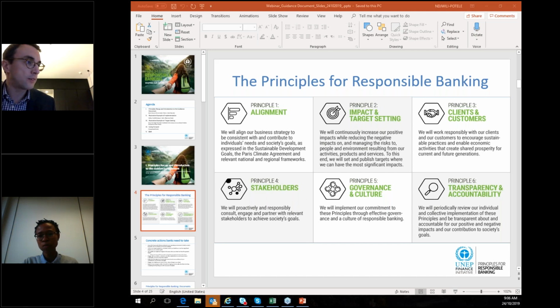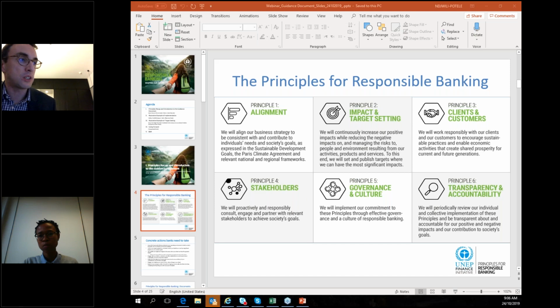Principle 1 is around alignment, and that really sets the overall level of ambition. That's the light on the hill, saying we collectively are signing up to aligning our business strategies within our banks to the things that society feels is most important.